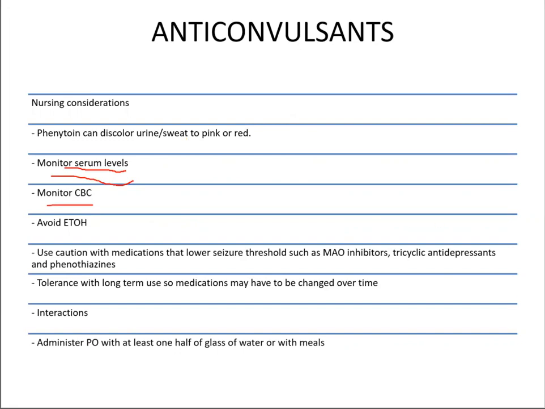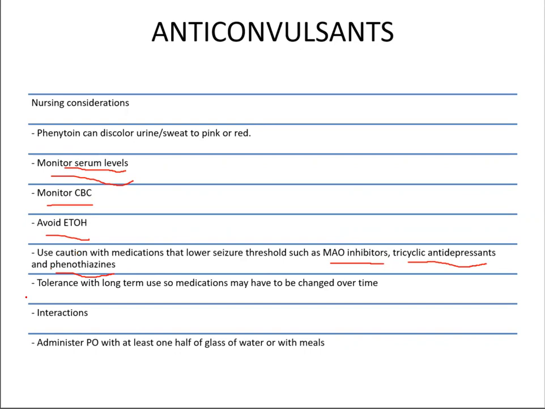The client needs to avoid alcohol as well as other CNS depressants, as they can increase serum levels of the anticonvulsants. So use caution with medications that lower seizure threshold, such as MAO inhibitors, tricyclic antidepressants, and phenothiazines. You want to use caution when you're already using drugs that also lower the seizure threshold.